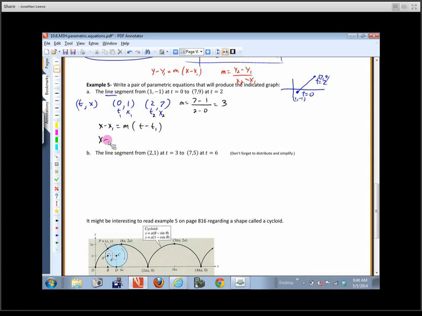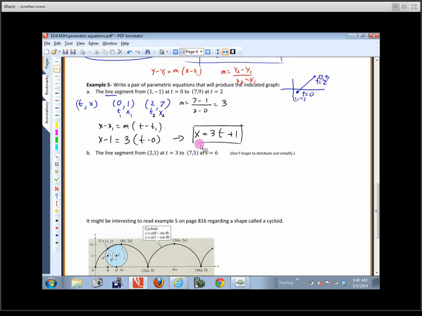So x minus, what's this? 1. What's the slope? 3. And this is going to be t minus t1, which is 0. Now, I'm going to move this around just a little bit, and I'm going to write x equals, if I distribute through, I get 3t, and if I move the 1 over, I get plus 1. This right here is the x equation. That'll tell me where x is with respect to t.